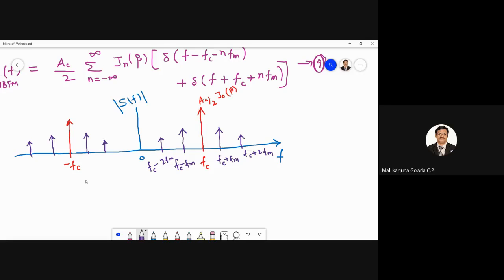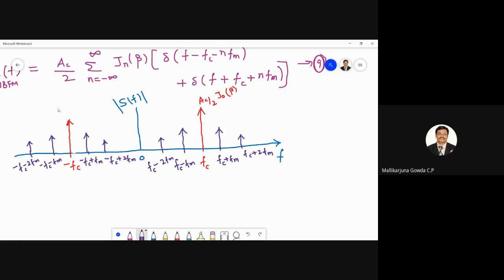Okay, you write these frequencies. What is the frequency? Minus FC plus FM. This one is minus FC plus 2FM. Similarly this side, minus FC minus FM, and this point is minus FC minus 2FM.